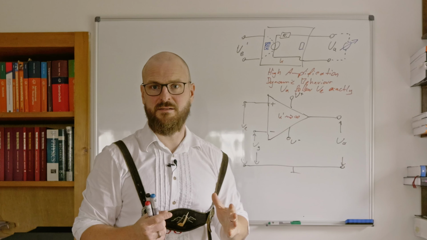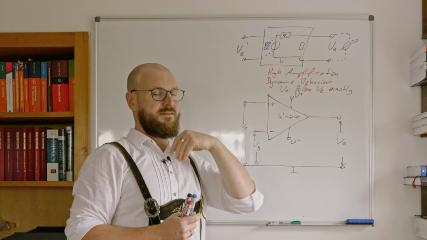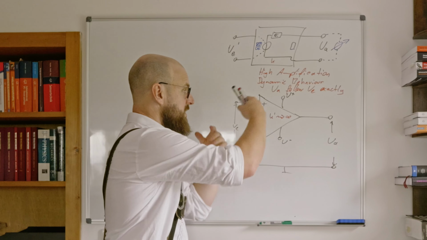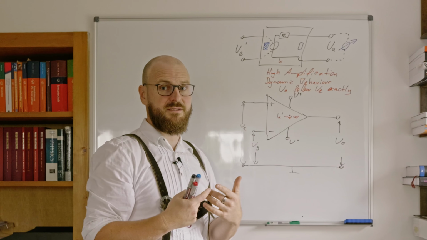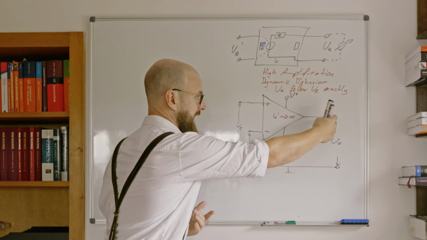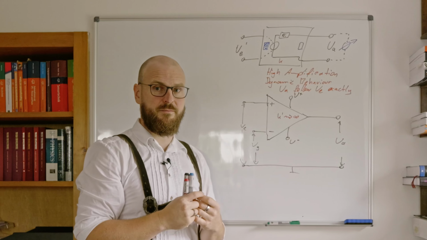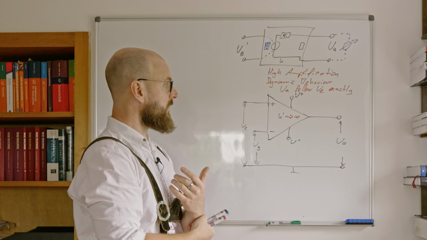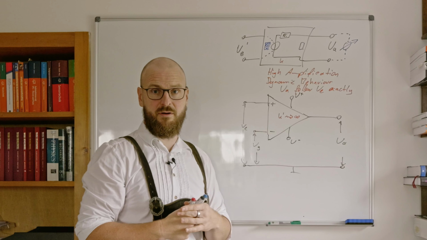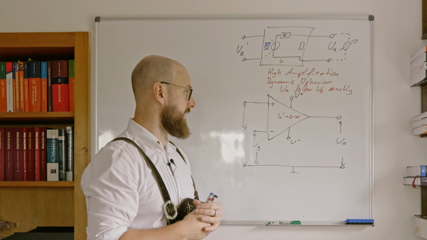That makes no sense when thinking about it, but it makes more sense when using that operational amplifier within a certain electrical circuit, reconnecting the output to the input. We'll talk about that in the next part of the chapter on measurement amplifiers.